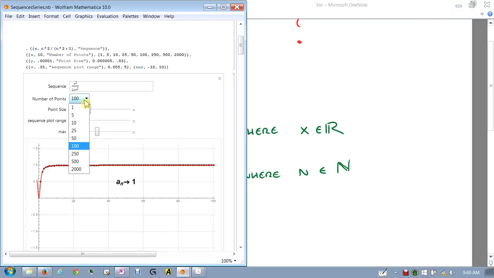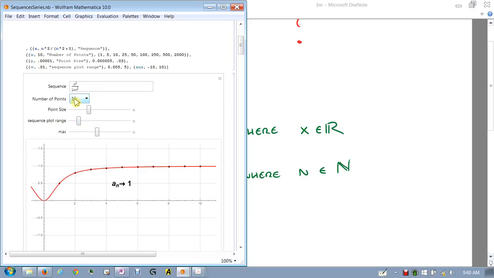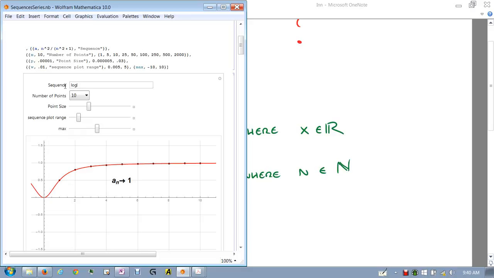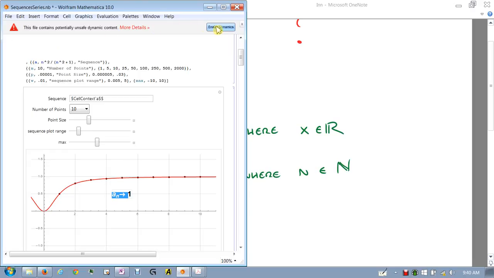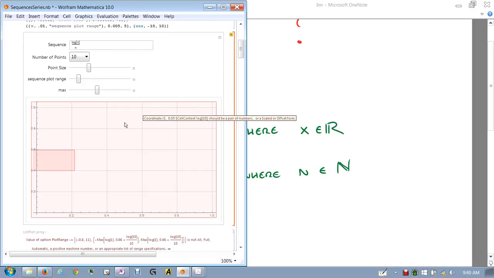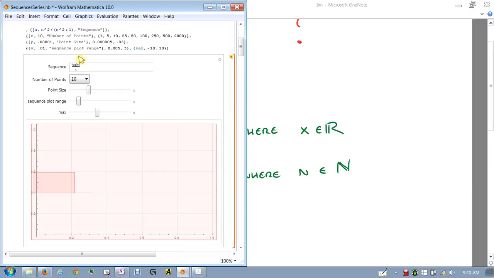So let me back this out, and let me change this up here. Change it to log n over n. Let's see what happens. It's having a little bit of trouble with 0 there.